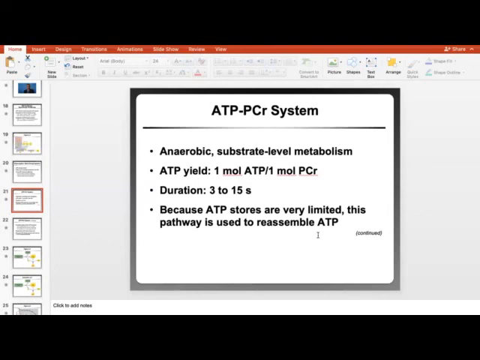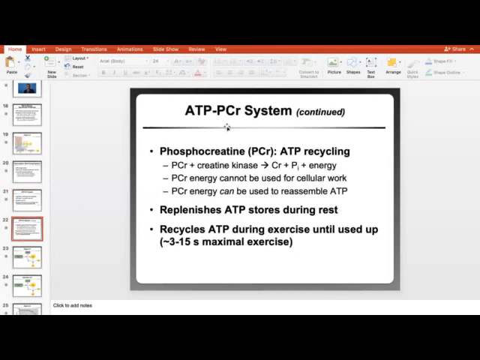And for the most part, because this turnover of ATP is so small in the phosphocreatine system, your body actually doesn't use it for energy too much. What your body really uses this ATP phosphocreatine system for is to recycle ATP. When I burn the ATP down with that 3 to 15 seconds of maximal exercise, think of most of the activities you do on a daily basis, they don't last longer than 15 seconds.